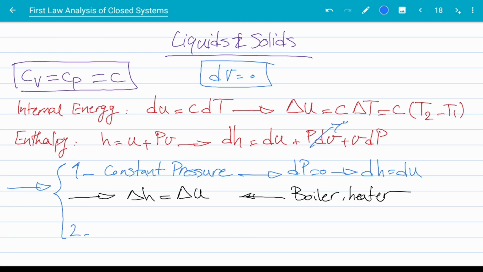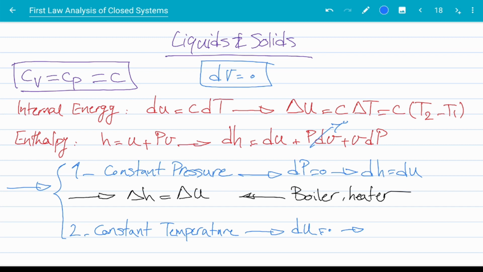The second process that may happen is an isothermal process or a constant temperature process. Now, this means that the change of internal energy is 0, because if the temperature is not changing, the internal energy of the system is not changing.